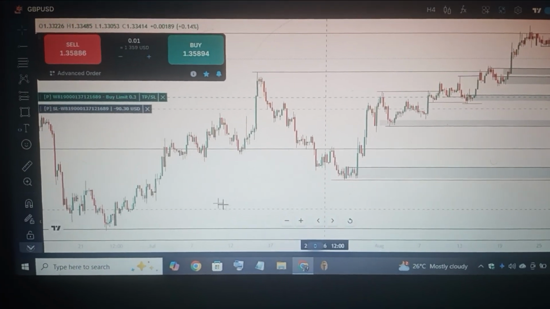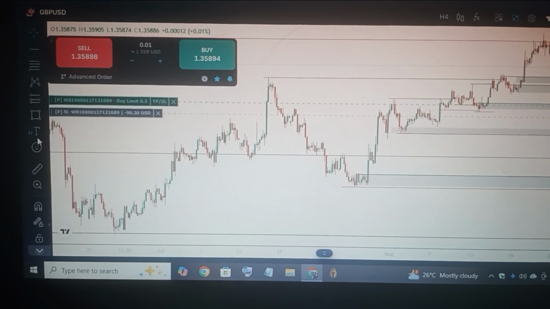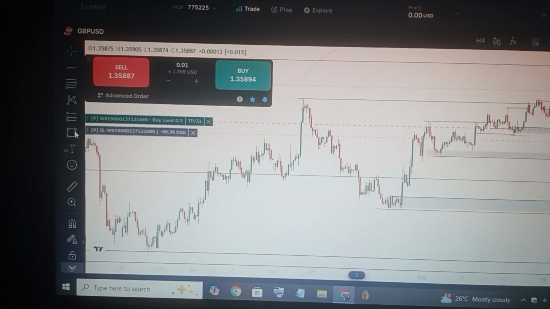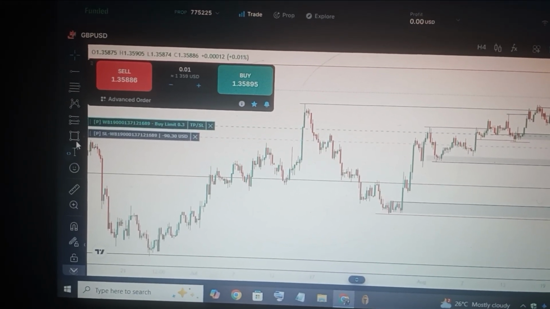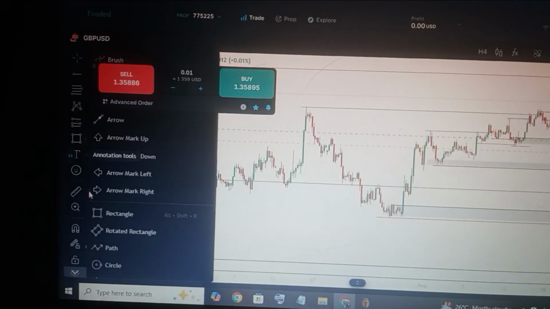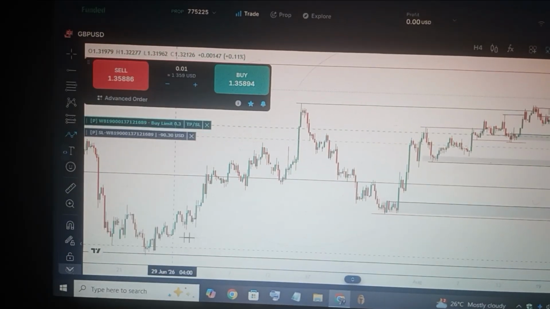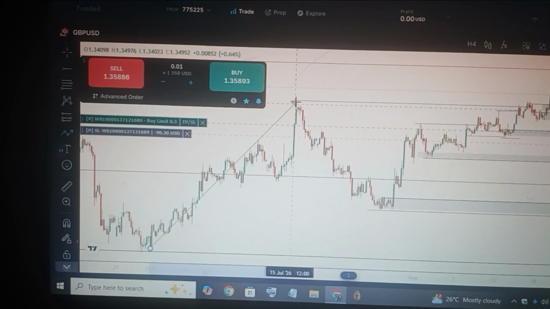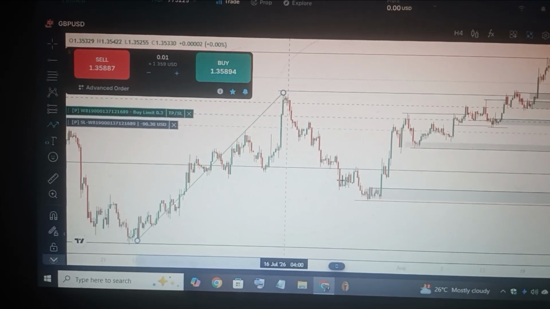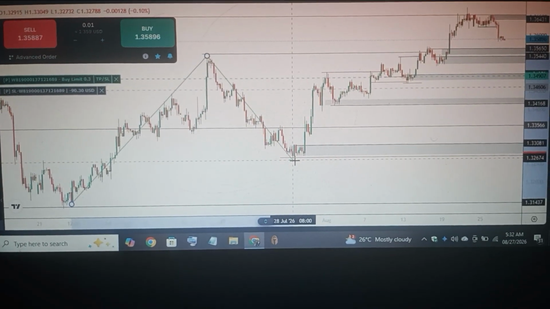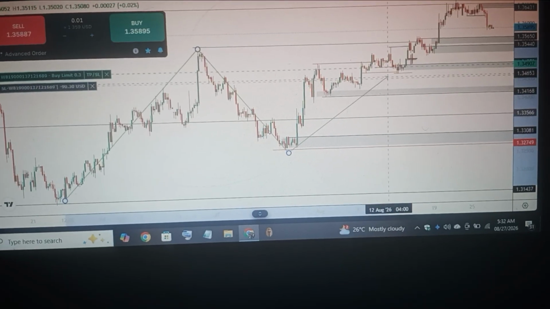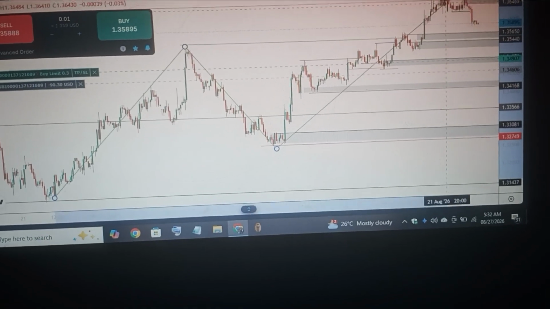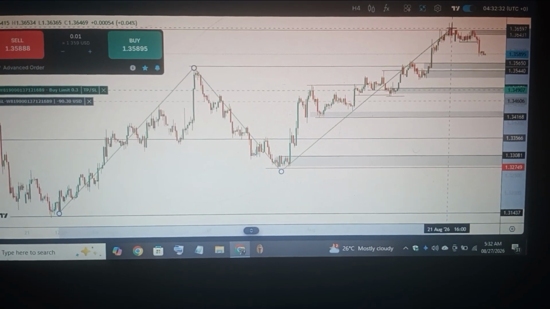Okay, now what we did here was, from the daily time frame, from the daily structure, what we observed was we had this massive impulsive push, which had a swing high, came down, created a swing low, and we have this impulsive push creating a swing high again.